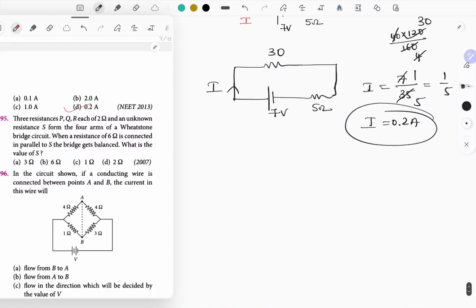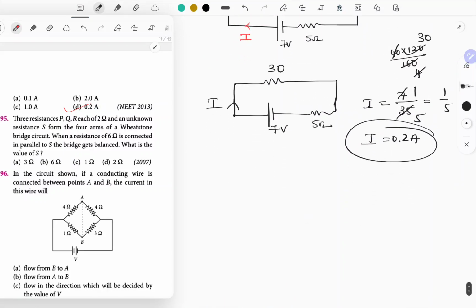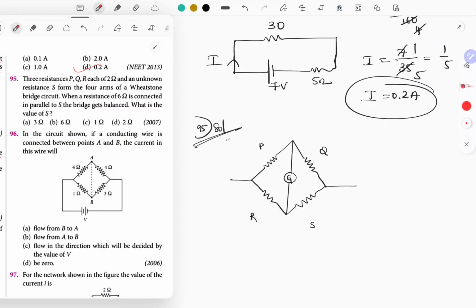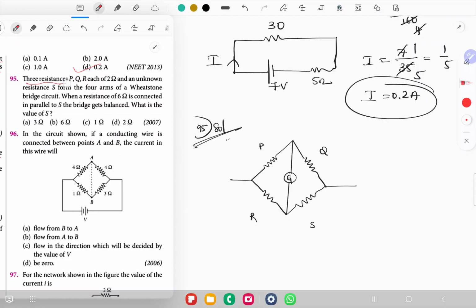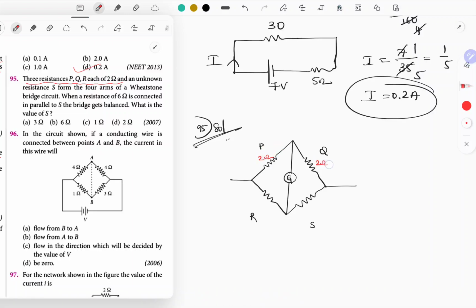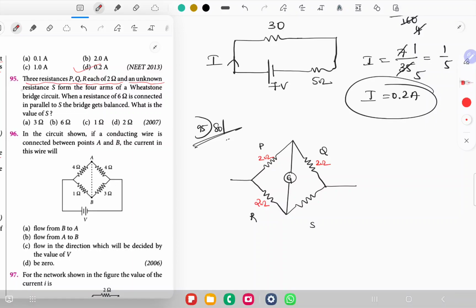Very good. Let's move on to the next question. Three resistors P, Q, R are each of 2 ohms, and an unknown resistance S form the four arms of a Wheatstone bridge circuit.